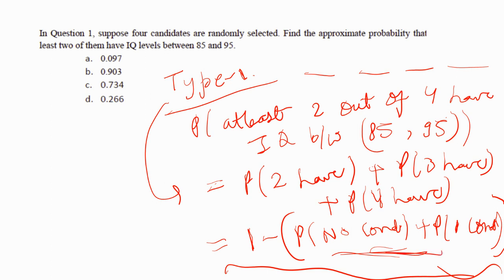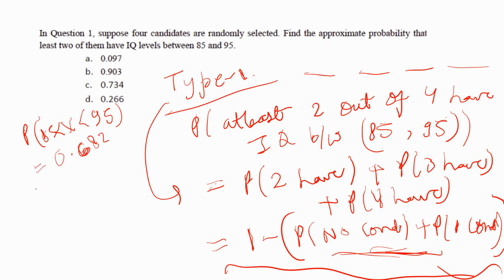Now the probability that no candidate has IQ between 85 to 95. We have already found the probability that a candidate has IQ between 85 to 95, which is 0.682.